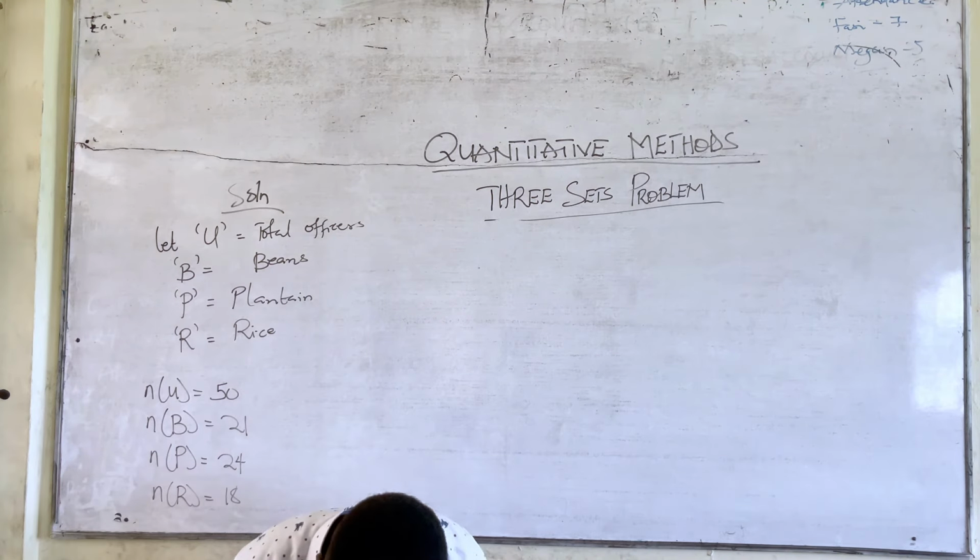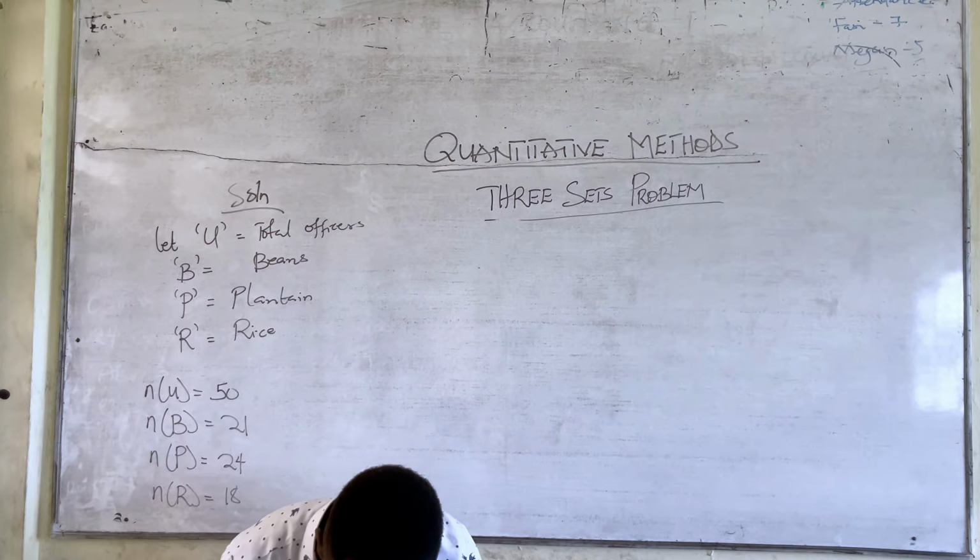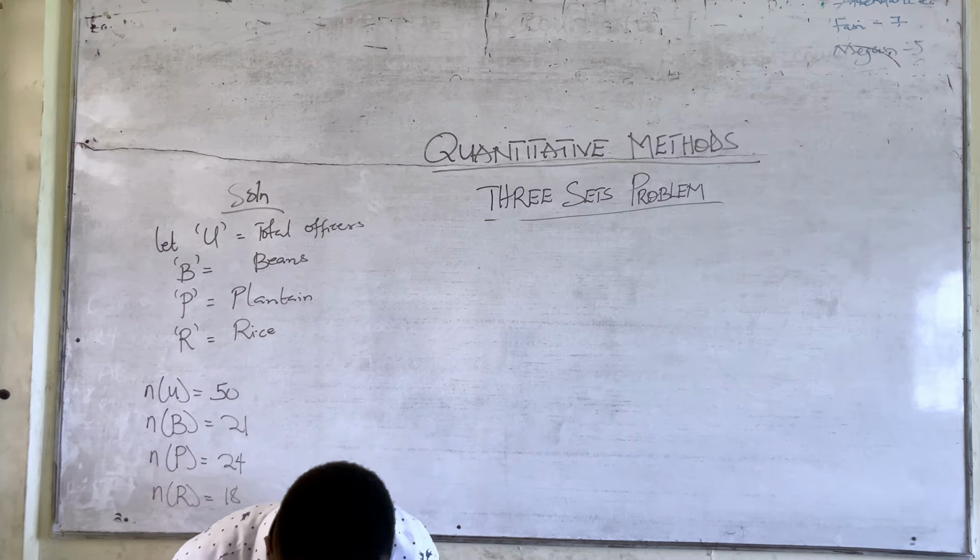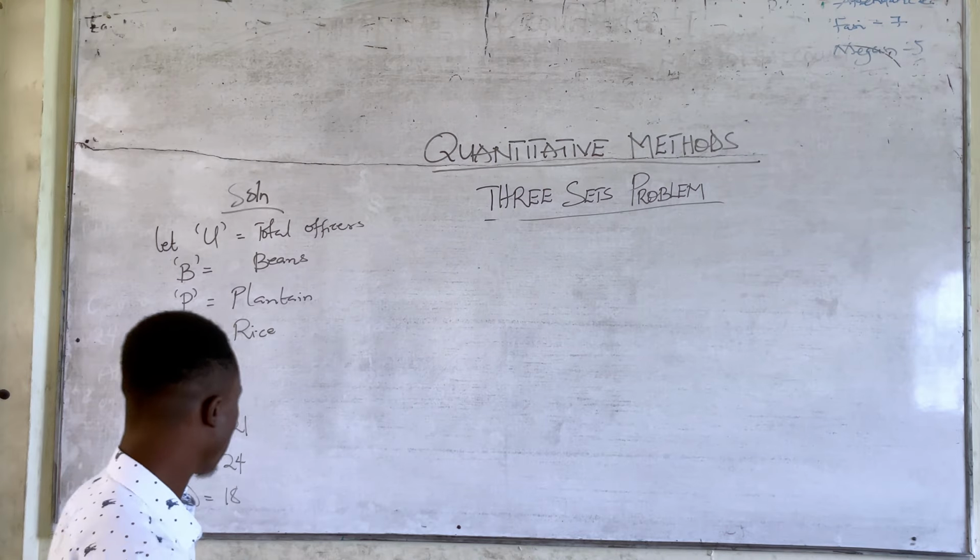The second part of the question says also 3 chose beans only, 9 plantain only.